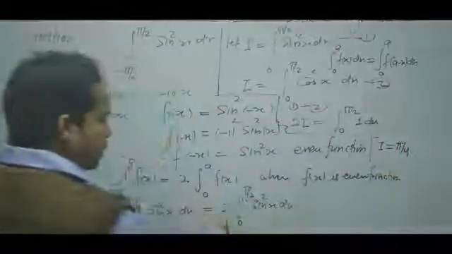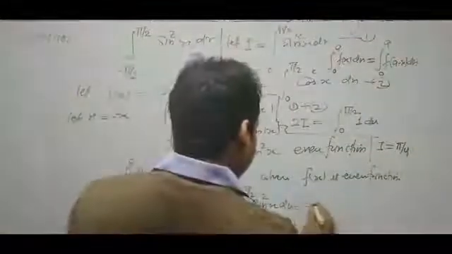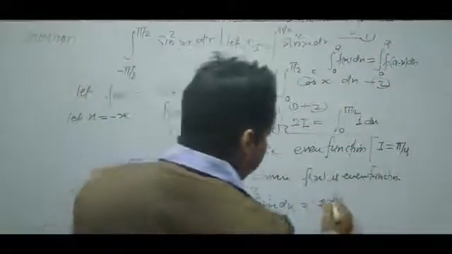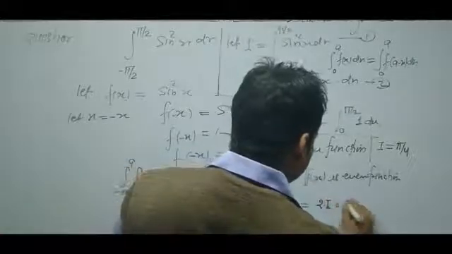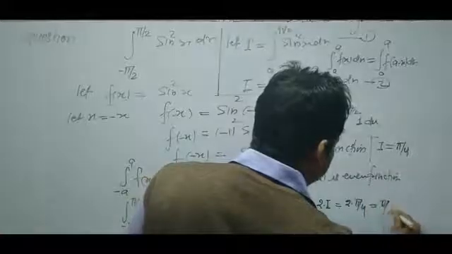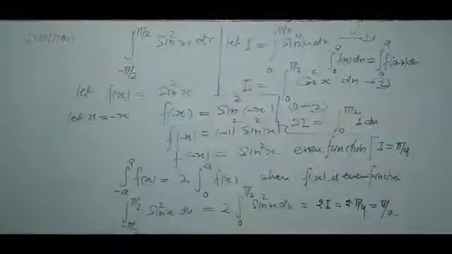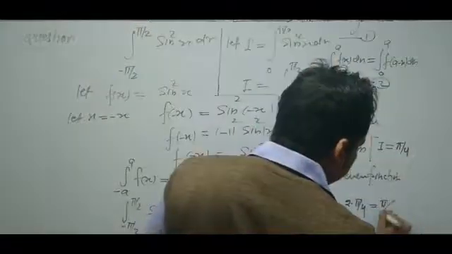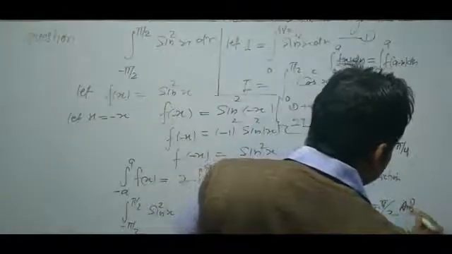Now when you put this, the result is 2 times I, and I is pi by 4, so 2 into pi by 4, you will get pi by 2. Now pi by 2 is the answer.